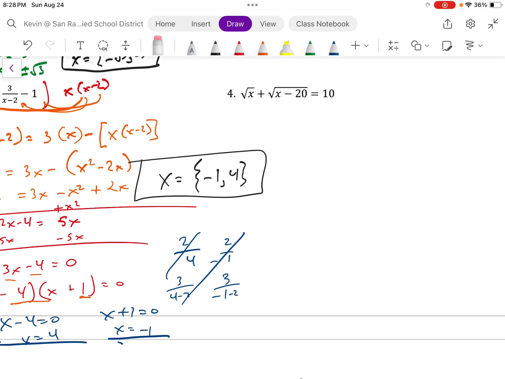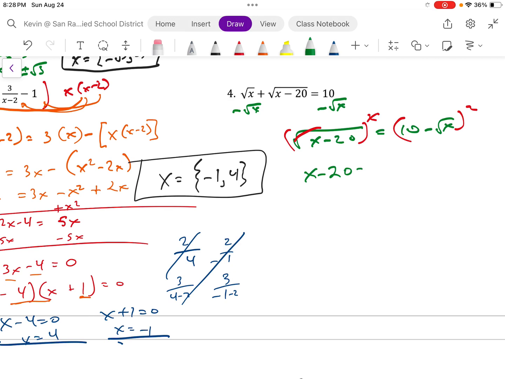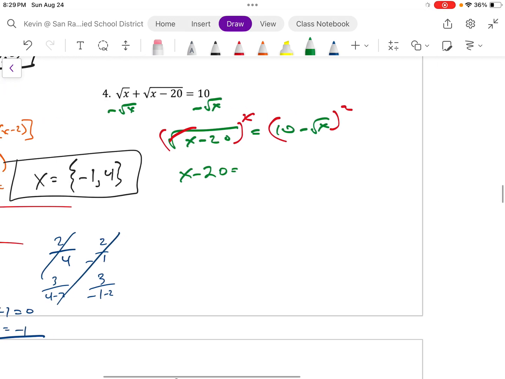So what we're going to do first is subtract the square root of x from both sides. And that's going to give me x minus 20 equals 10 minus square root of x. Now we're going to come in and square this. Why? Well, this cancels out, so that cleans up really easily. Over here we have 10 minus square root of x times 10 minus square root of x.